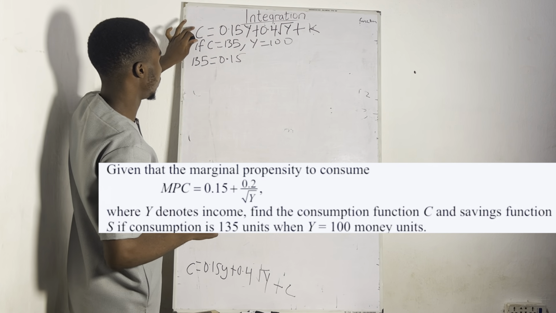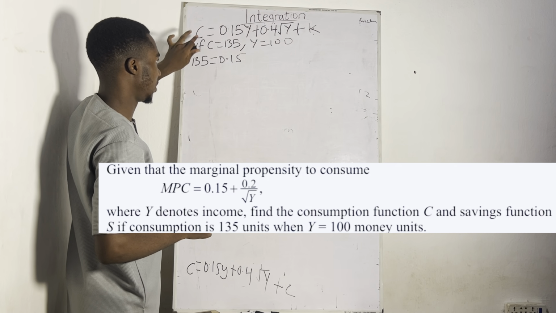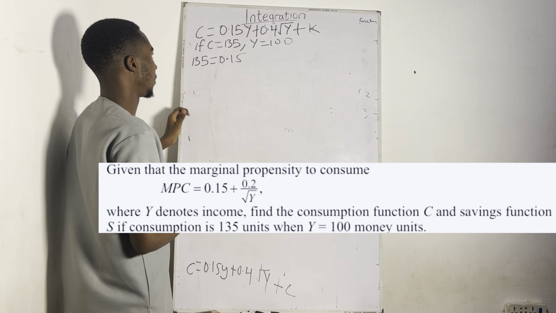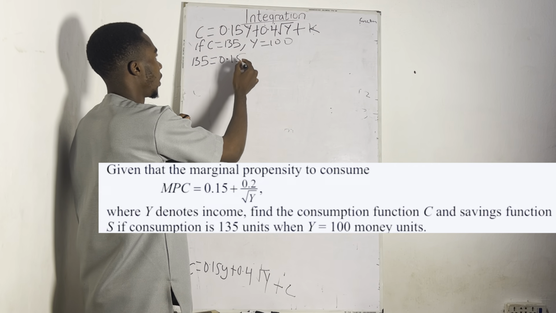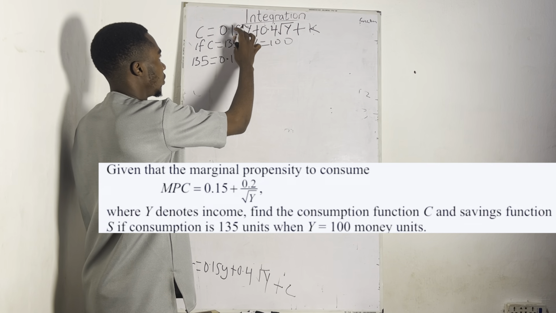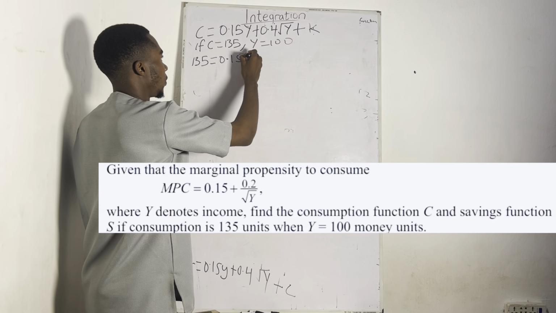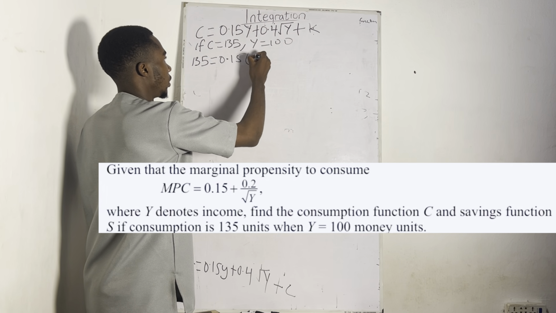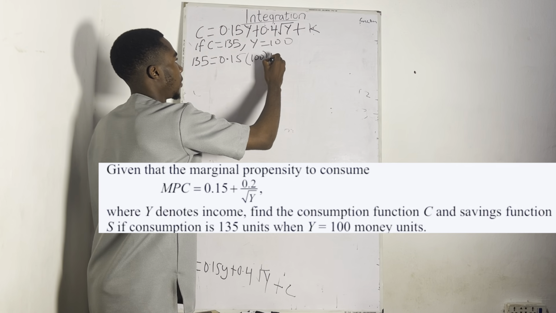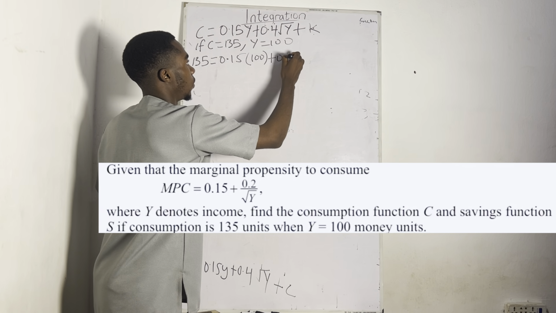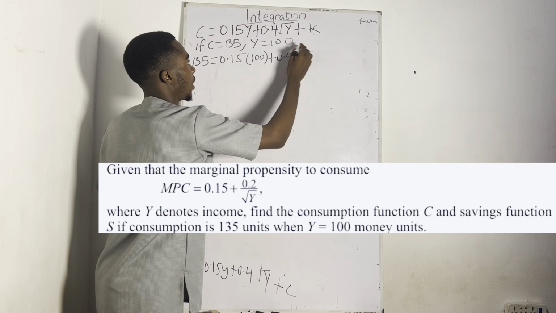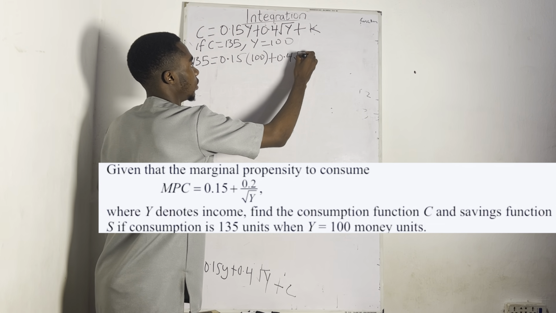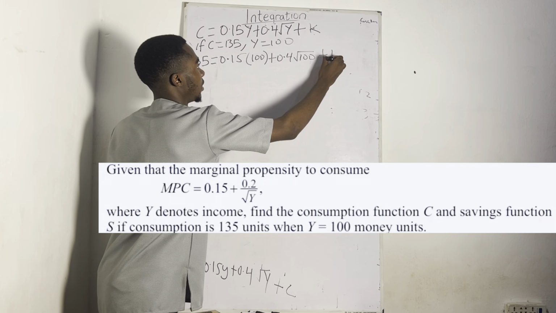So you just change the c to 135. Since they said our c, which is our consumption, is now 135. Then our y is now 100. So 0.15 into bracket 100 plus 0.4 root y. Our y is now 100, so root 100 plus our k.